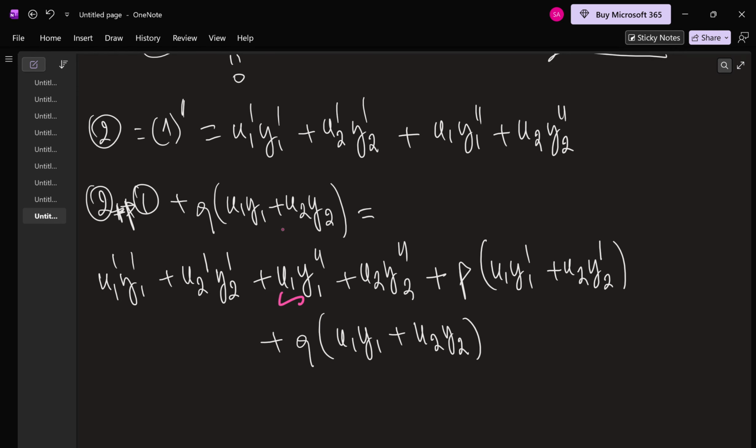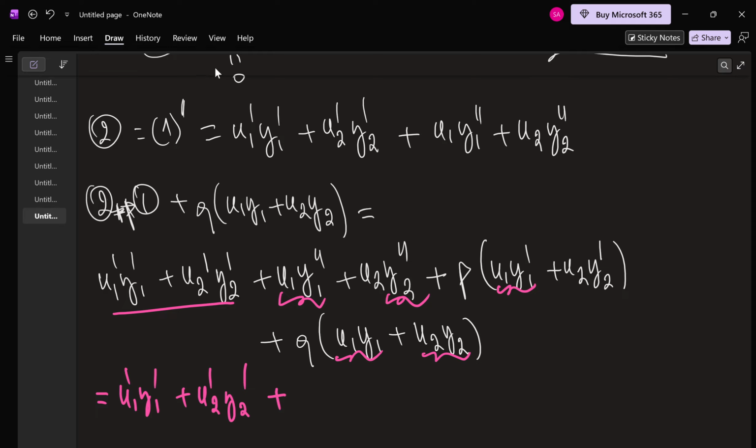So this guy and this guy here, and this guy times p, this guy times p, this guy times q. So this term here rests as it is. So you have y1 prime plus y2 prime y2 prime, plus, now we change the color, you have these guys, I will assemble them.